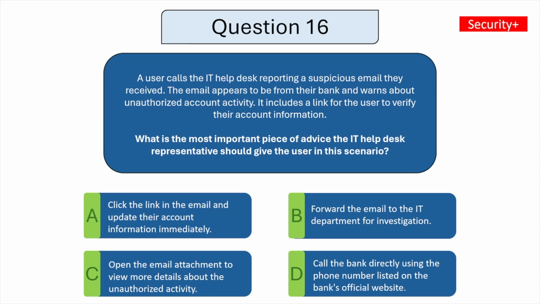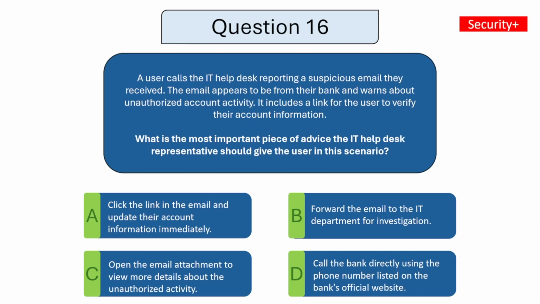Now, it could be B if this was not an advice type question, or if we knew it was a company bank account. I would say it would be B, forward the email to the IT department for investigation. A lot of IT departments look at potential phishing emails. It's a common procedure they do.